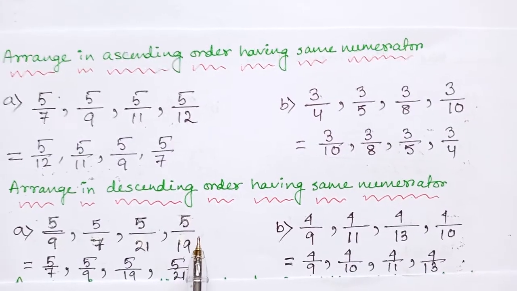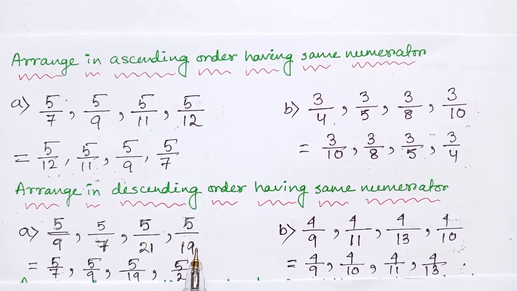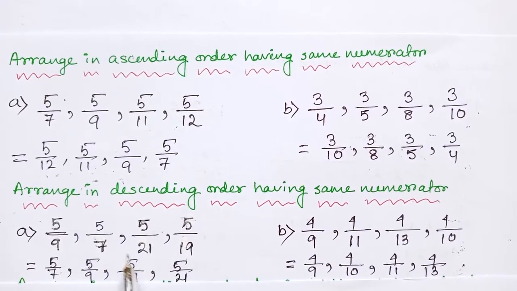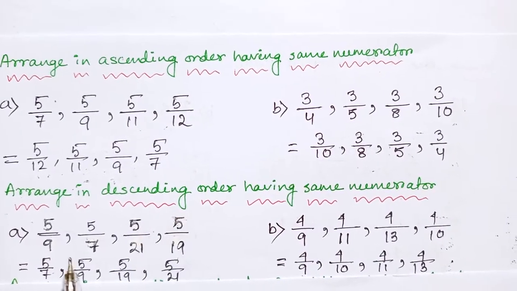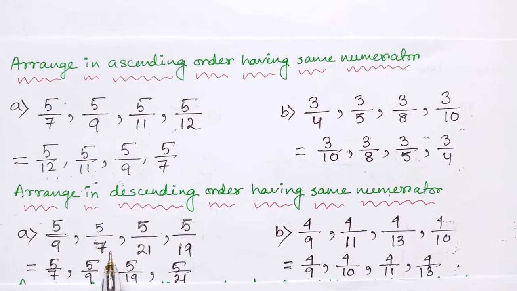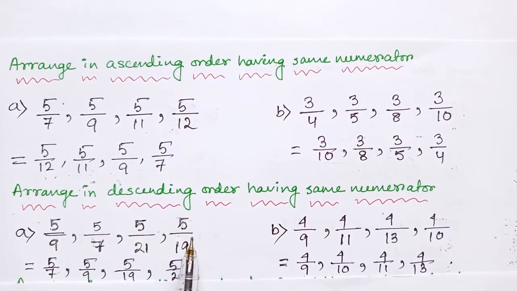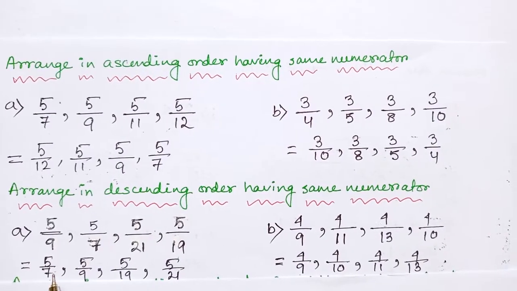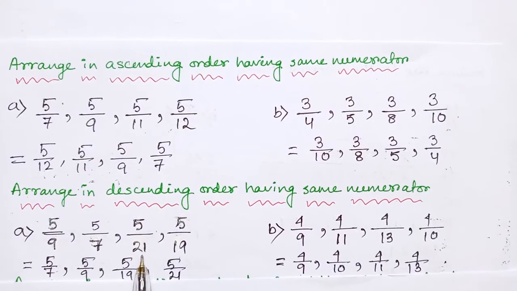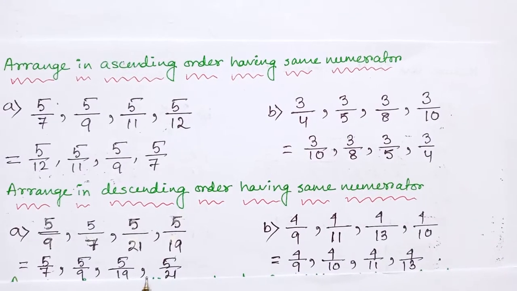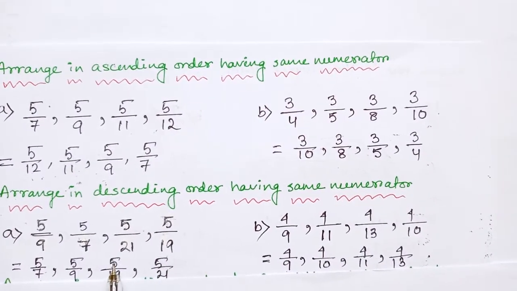So the fraction that has the greater denominator is 5 by 21. So this is the smaller fraction. Similarly, 7 is the smallest denominator in this fraction. So the fraction 5 by 7 is the greater. After that 5 by 9, then 5 by 19, then 5 by 21. So this is the arrangement of the fraction in descending order.